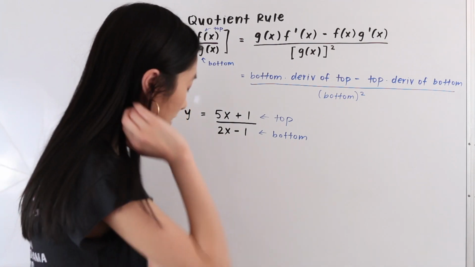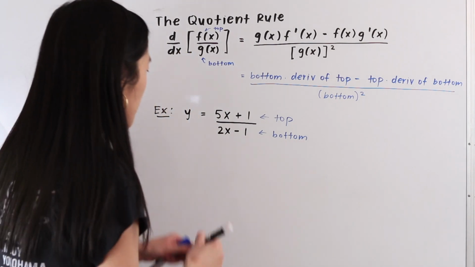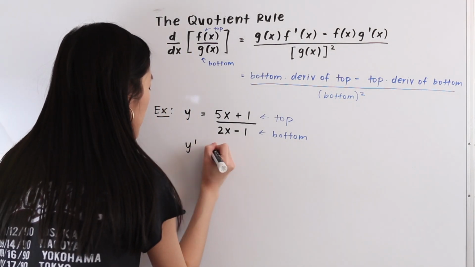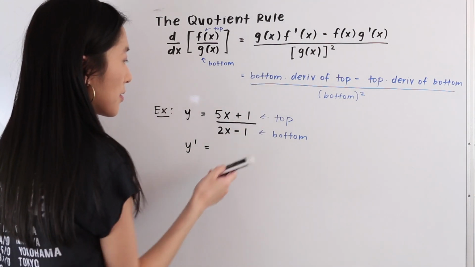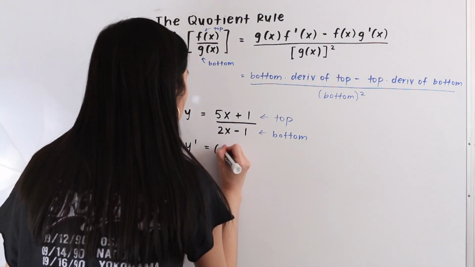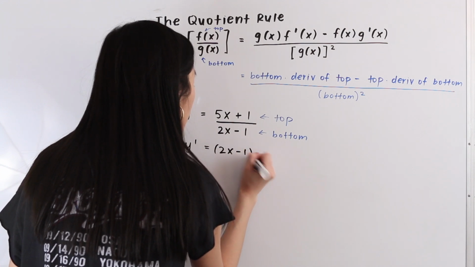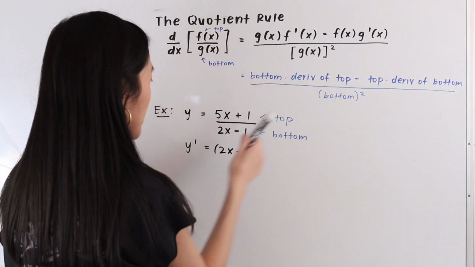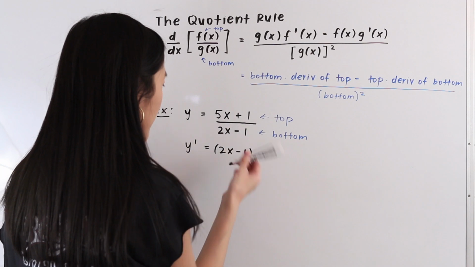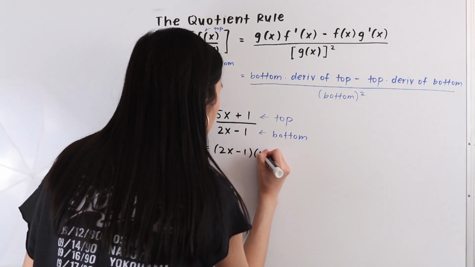Now let's determine what its derivative is equal to. We have y prime is equal to the bottom, which is 2x minus 1, times the derivative of the top. So the derivative of 5x plus 1 is just equal to 5.